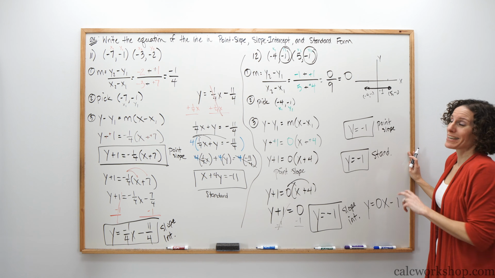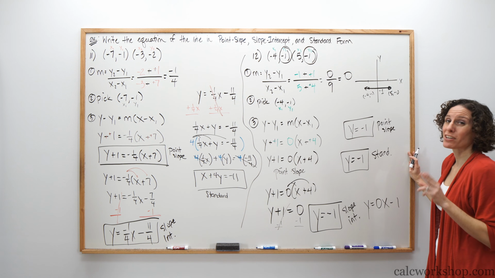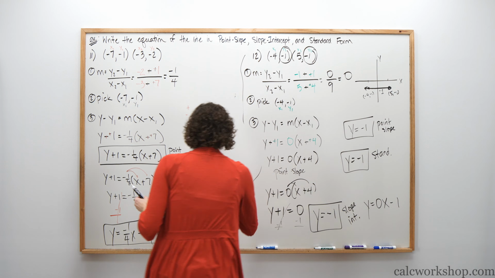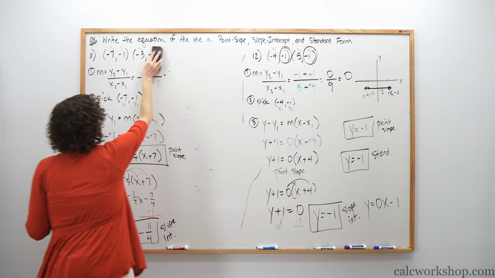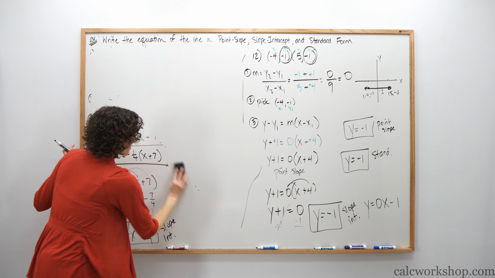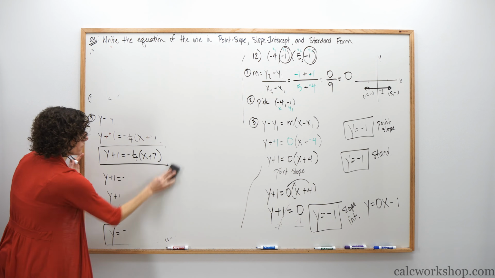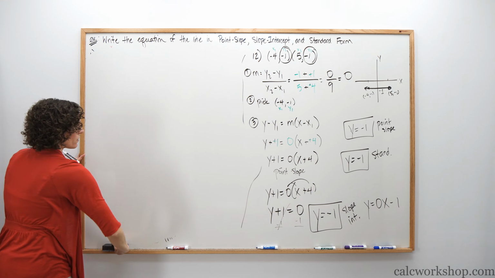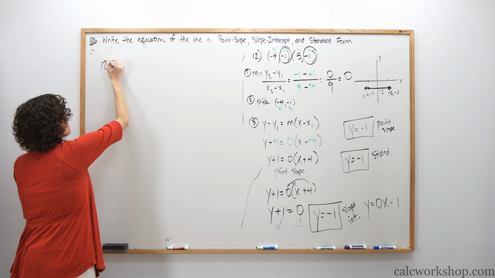Now, before we move on to the next set of questions, what would happen if I change this just a little bit? So imagine for a second that we had changed the coordinate, and I want to make sure that we know how to handle something like this. So let's say 12b.